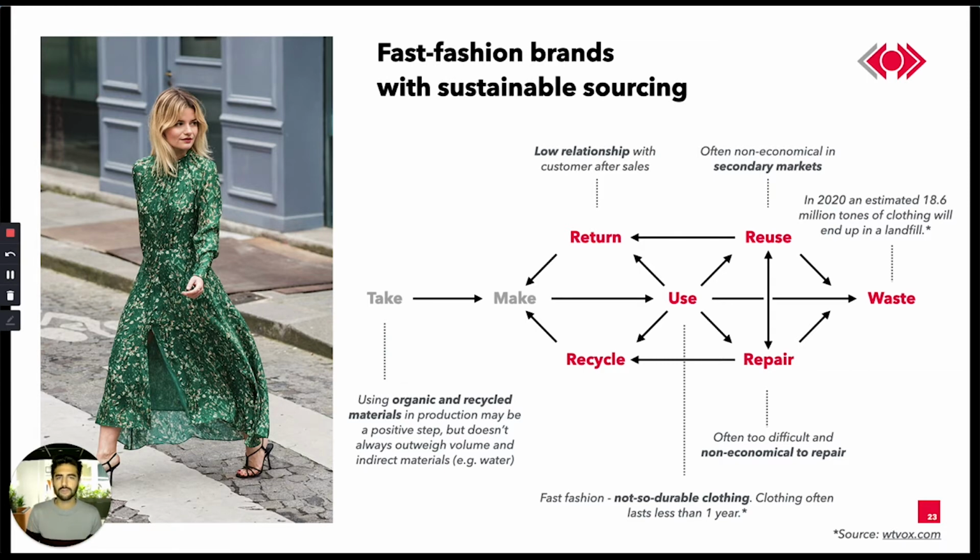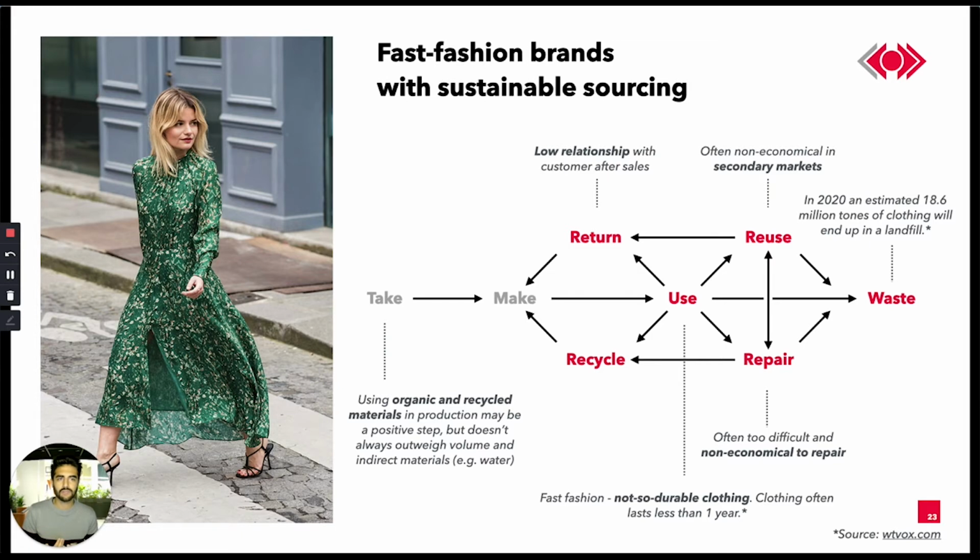Actually, there's research to show that a lot of the clothing from fast fashion lasts less than a year. And moving all the way down to the waste phase, 18.6 million tons of clothing ends up in a landfill every year, and that's what we can estimate for this year. And fast fashion has a big role to play in this as well.